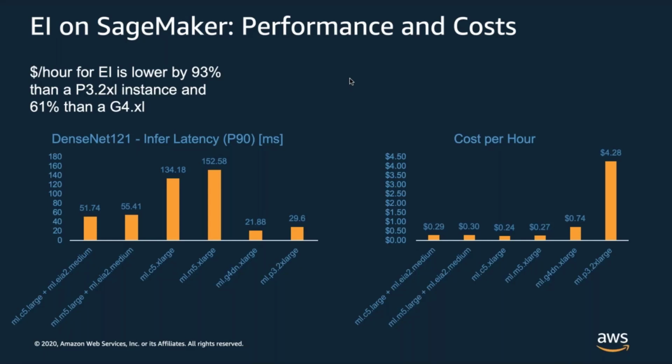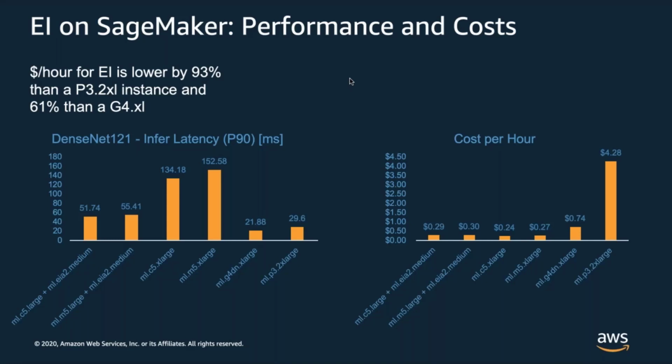I'll also point out that when using EI, because we're offloading the inference workload to the attached EI accelerator, we were able to use a less expensive CPU instance type than when we were only using CPU instances, without sacrificing any performance. In fact, the performance is much better than with the CPU instance alone. And the price per hour of the combination with the EI is actually very close to that of the standalone CPU instance used in the test.